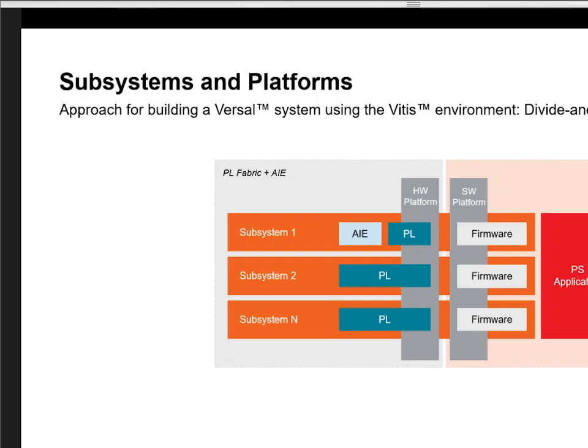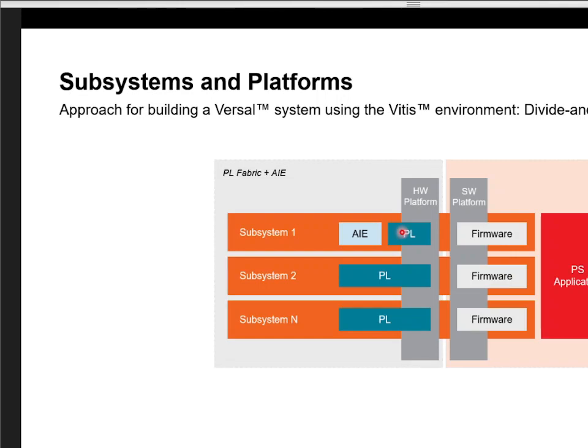So just to give you a quick look at the concept of building a Versal system. On the right-hand side, we have the processing-based system, so this will be our ARM core. And on the left-hand side, we have the programmable logic, and if applicable, also the AI engines. So we have a hardware platform, we have a software platform, and we can have multiple systems or subsystems.